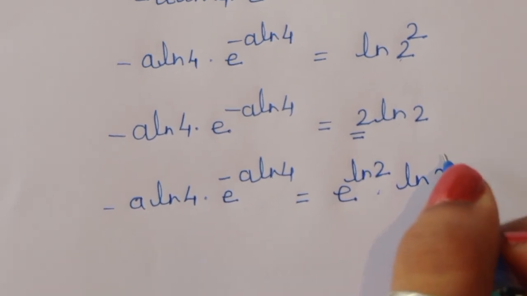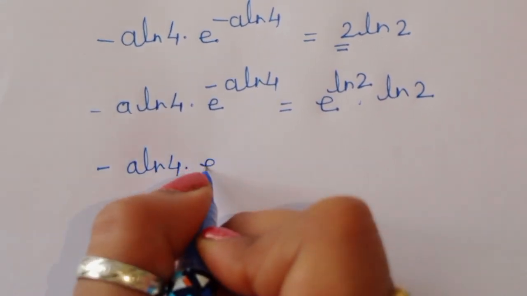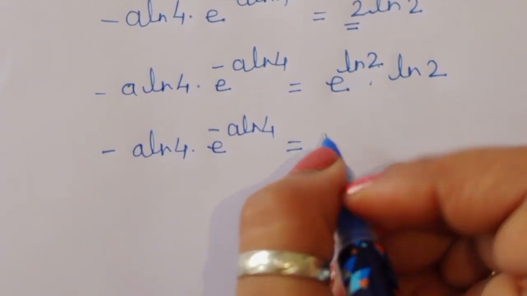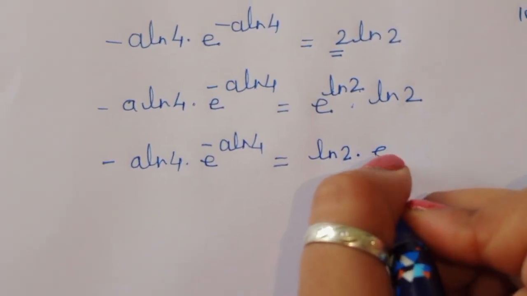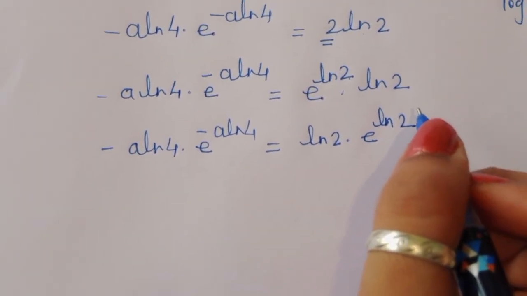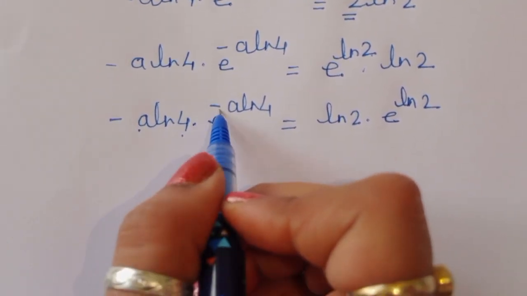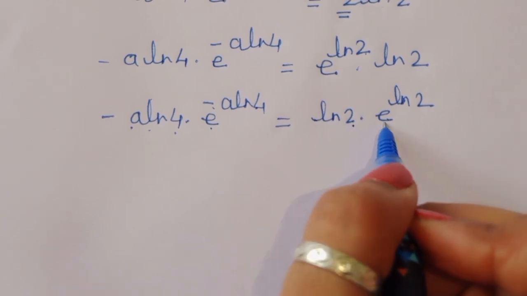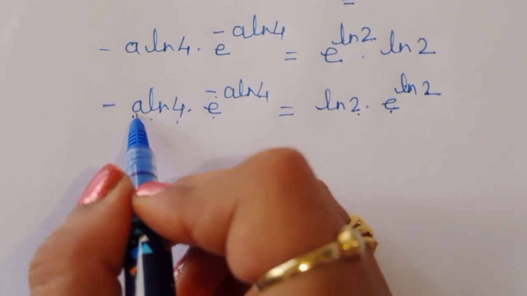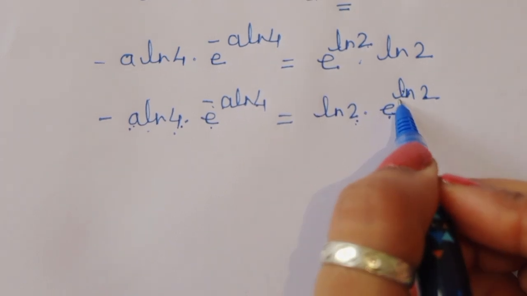Now you can see minus a ln 4 times e to the power minus a ln 4 on one side, and ln 2 times e to the power ln 2 on the other. Both sides compare the same expression.